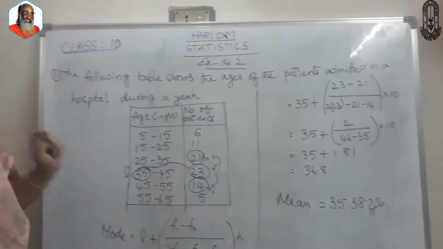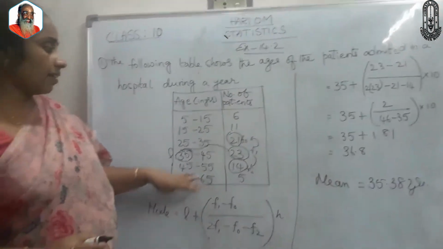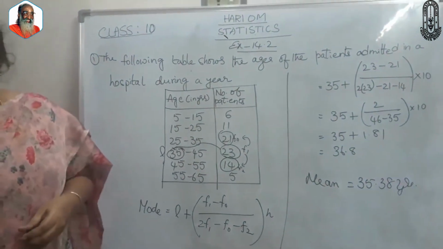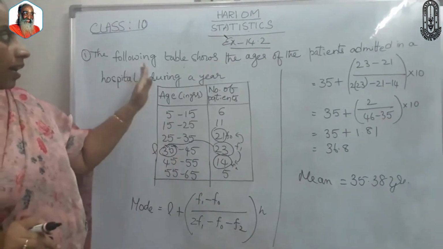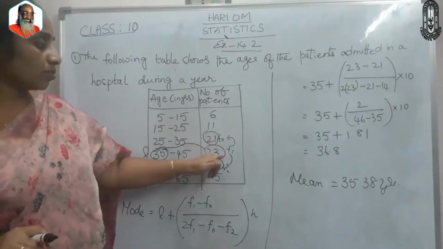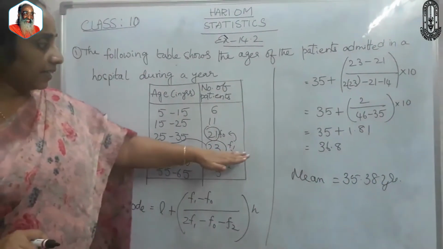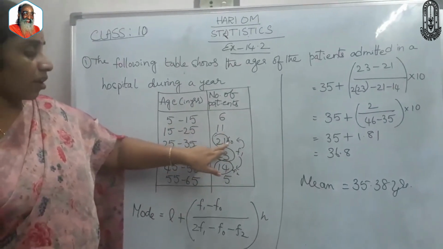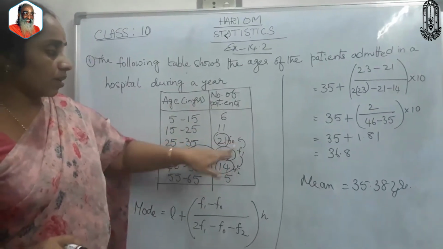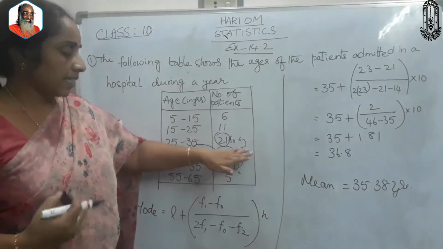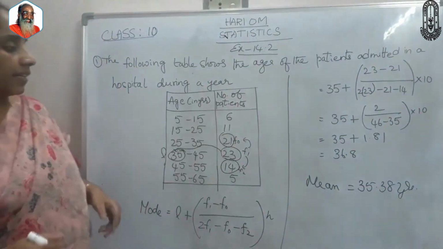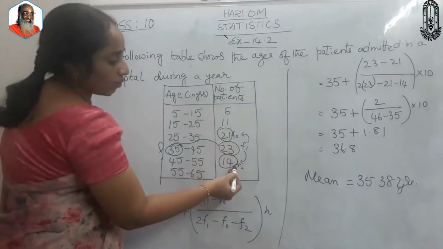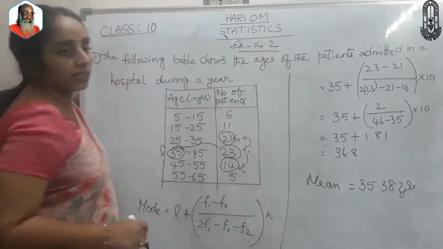The modal class frequency F1 becomes 23. Its preceding class frequency F0 is 21 and its succeeding class frequency F2 is 14.